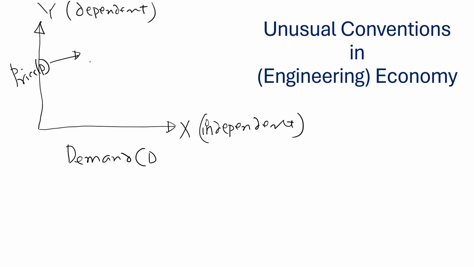It is set by the producer or manufacturer. Demand is the response to what the price is. So demand is the consumer response, which is the dependent variable. So easy to remember: demand, dependent. However, it is plotted along the x-axis, not the y-axis.